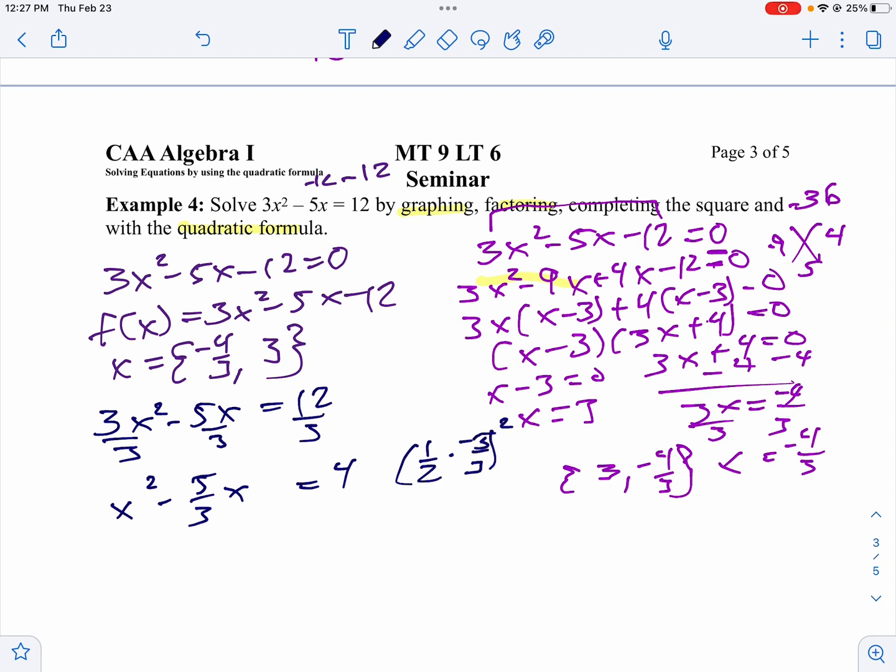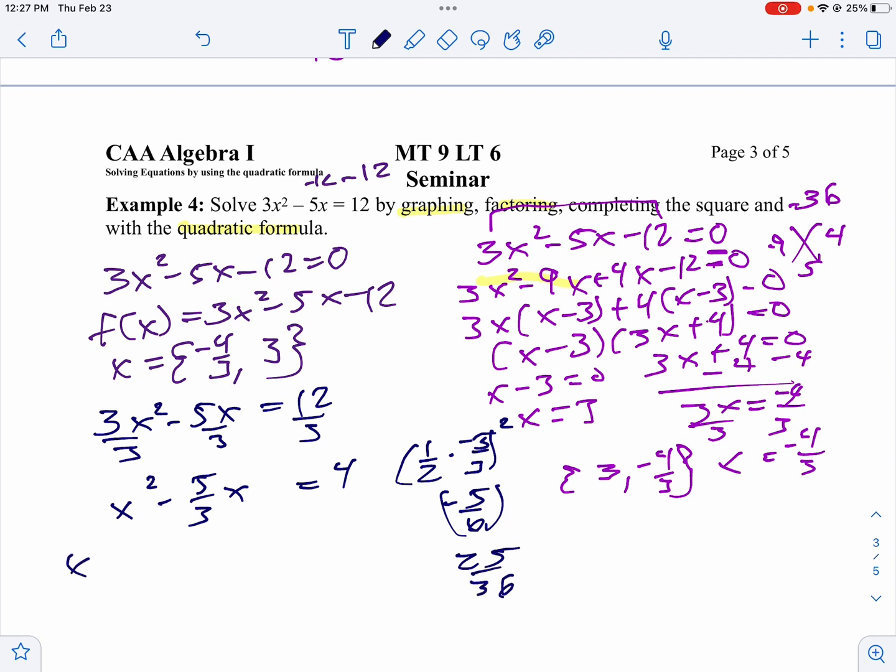Well, half of negative 5/3 is negative 5/6. I'll square that. So I'm going to add 25 over 36 to both sides.